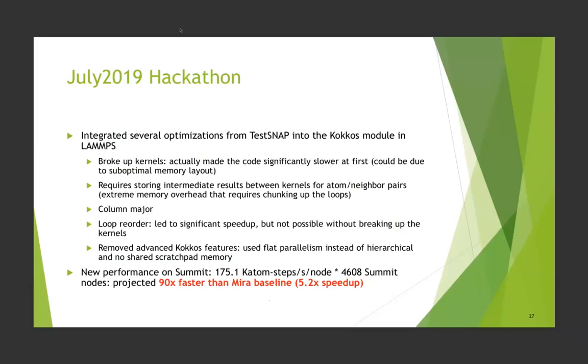And then we added the column major and the loop reorder. And finally, when we got to the loop reorder, we saw the significant speed up in lamps, Kokkos, that we saw in test snap. But it really wasn't possible to do this loop reorder without breaking up the kernels first.